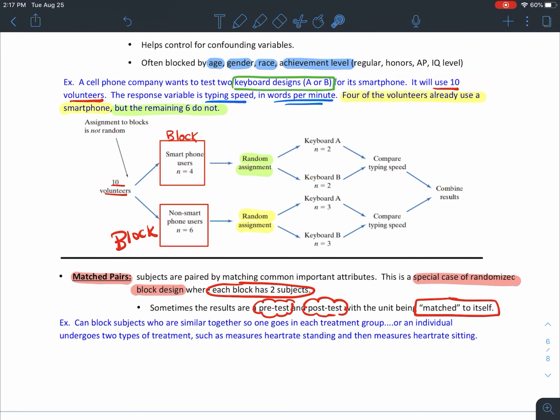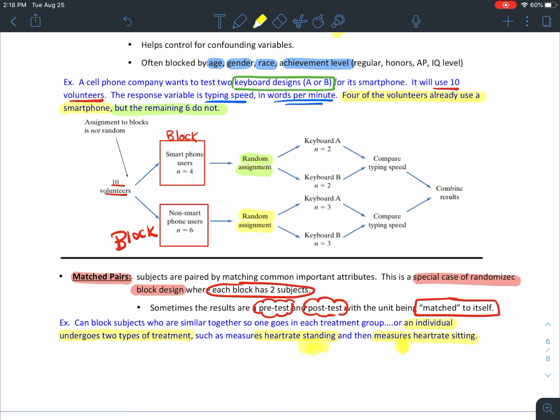Okay, another example is if you notice that 2 people are really similar to each other. And this can happen a lot with twins. If they want to see how twins would respond to certain things, maybe one twin is assigned to one treatment, the other twin a different treatment, and then they compare the 2 twins against one another. Another example of how an individual could undergo both treatment types is I could have you measure your heart rate while you're standing and then measure your heart rate while you're sitting.